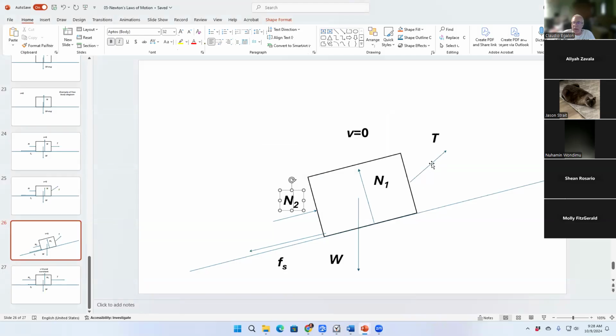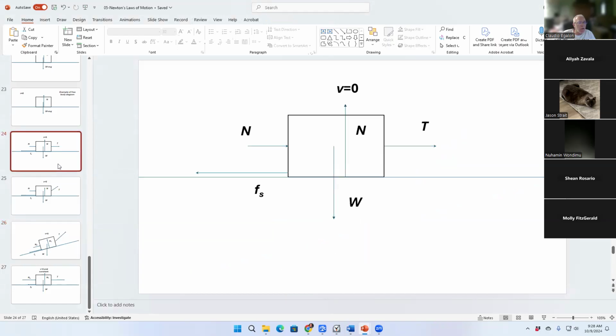And let's say this object has a tendency to climb the inclined plane. If the object has a tendency to climb, to move upwards, it means there will be a force of static friction that's going to be downwards. And I also have to put a theta angle here.